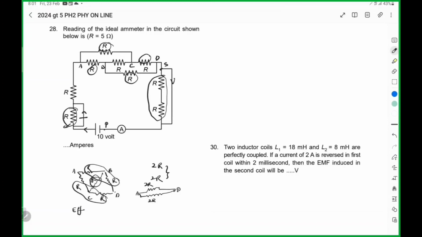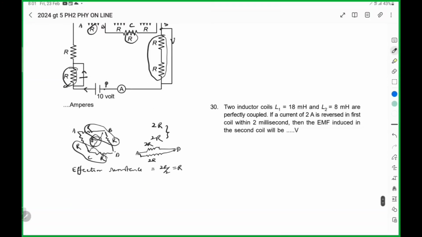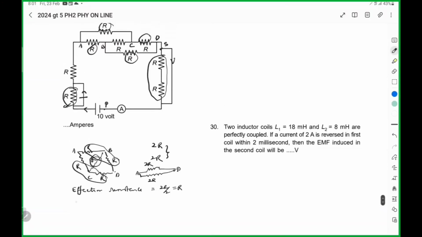So effective resistance is half of it, which is R. So now the final resistance will be R plus 2R. Here R, this is 2R, which is 3R.